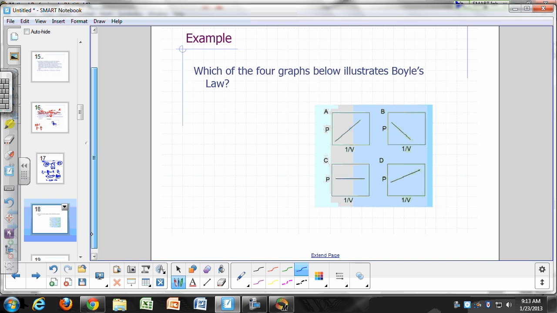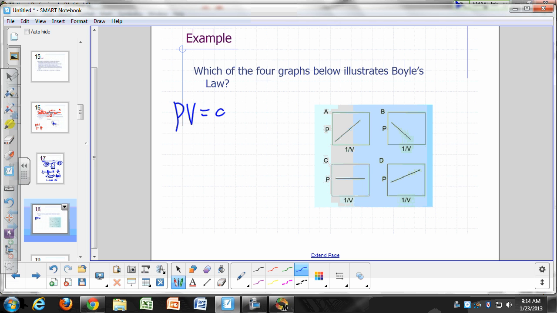Okay, let's see. Which of these 4 graphs illustrates Boyle's Law? A, B, C, D, or none of the above? C? Okay, Boyle's Law says pressure times volume is a constant, right?